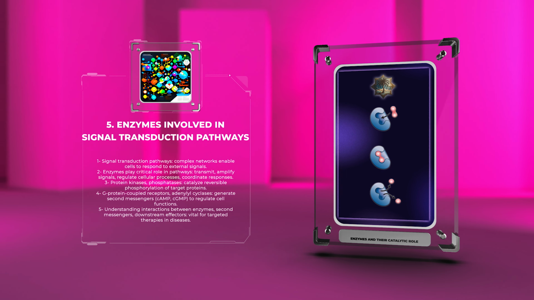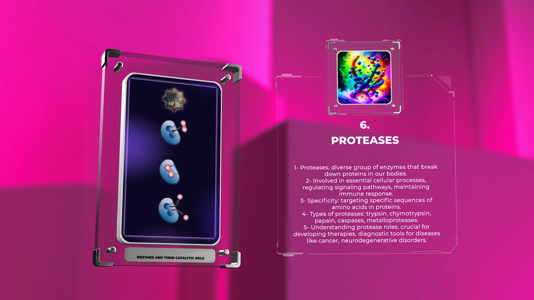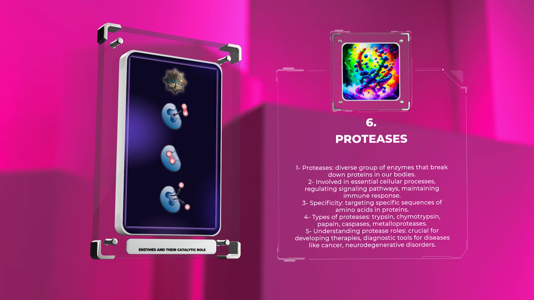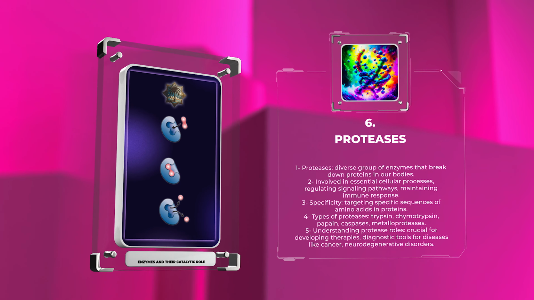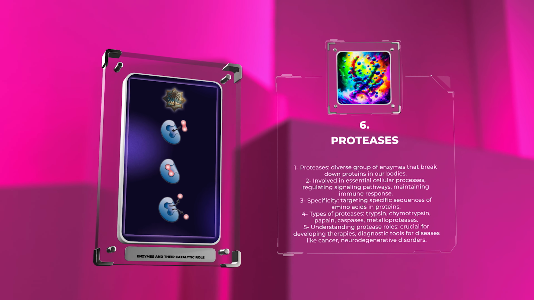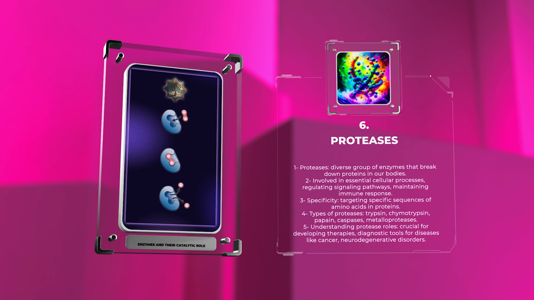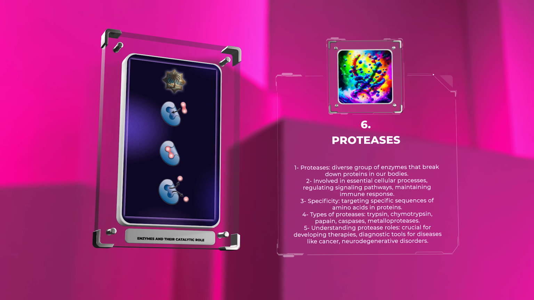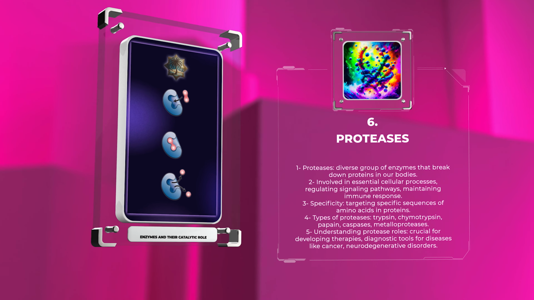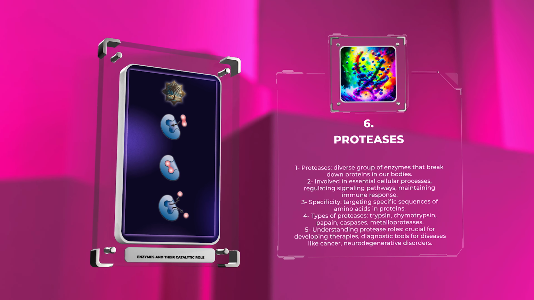Some proteases, like trypsin and chymotrypsin, use serine residues to break peptide bonds, while others, like papain and caspases, use cysteine residues. Metalloproteases, meanwhile, rely on metal ions, like zinc, for their catalytic activity. Understanding the roles of proteases is crucial for developing therapies and diagnostic tools for diseases like cancer and neurodegenerative disorders.